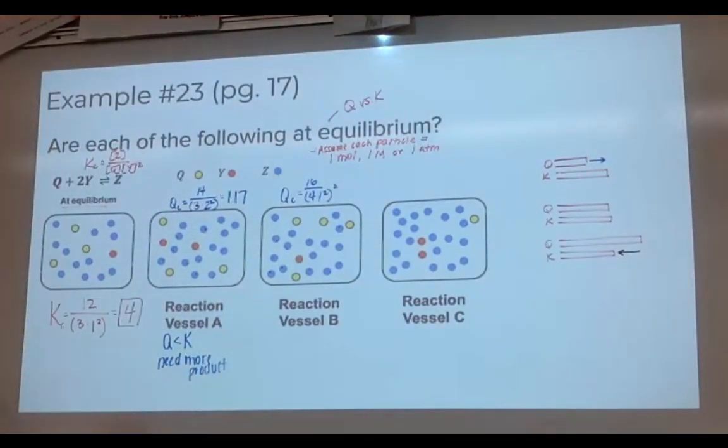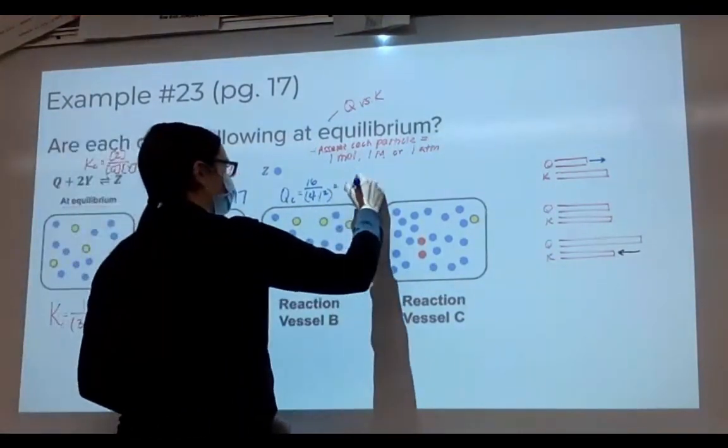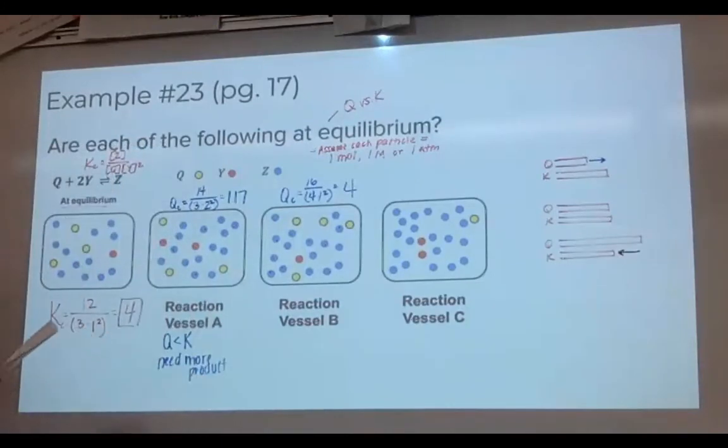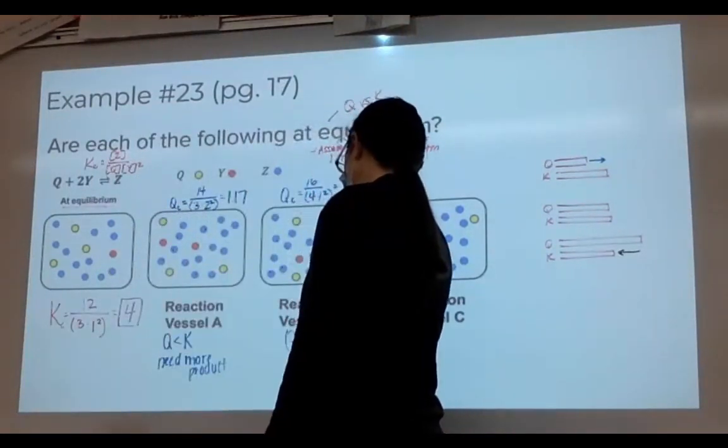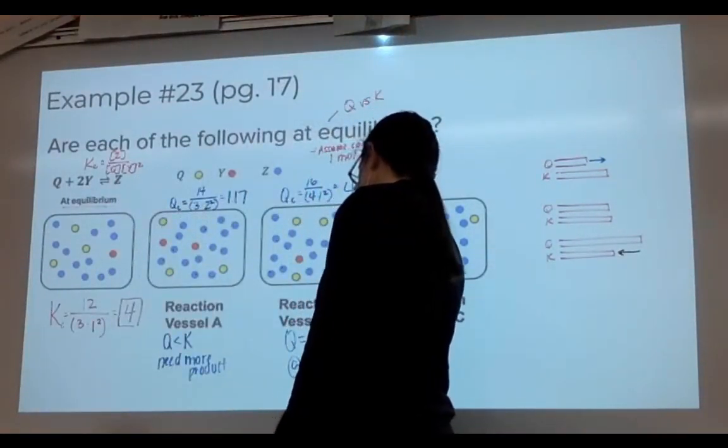So 16 divided by 4 is 4. Are we at equilibrium? Yeah. Q equals K. This one's at equilibrium.